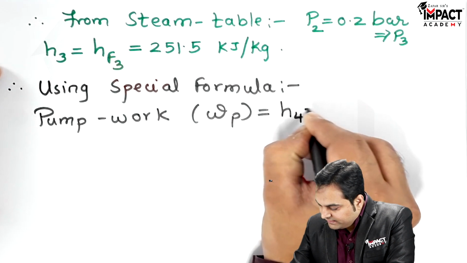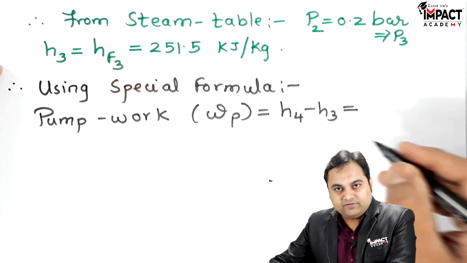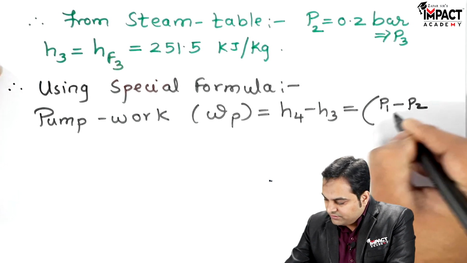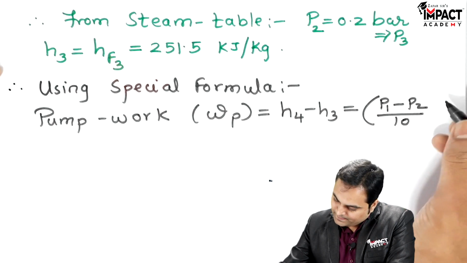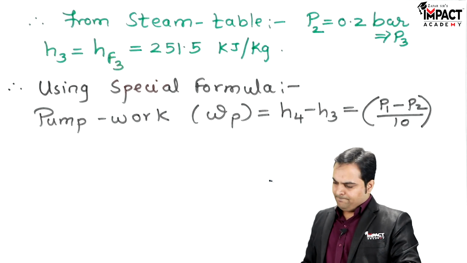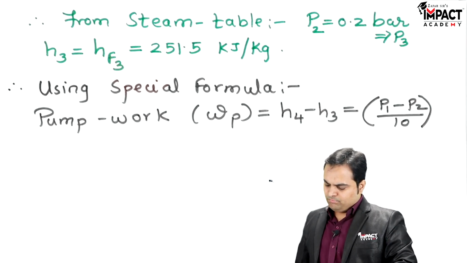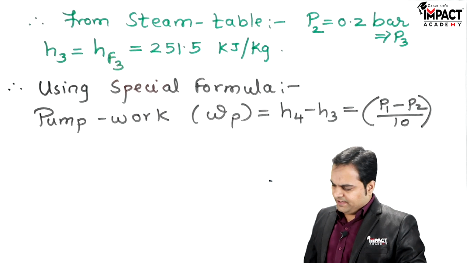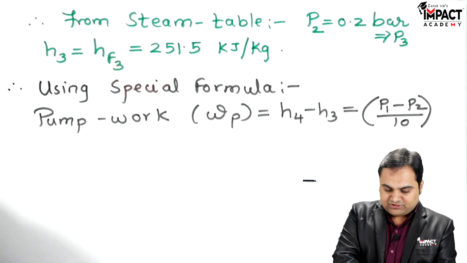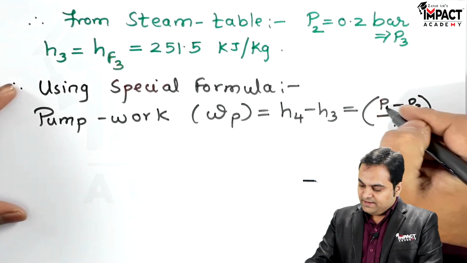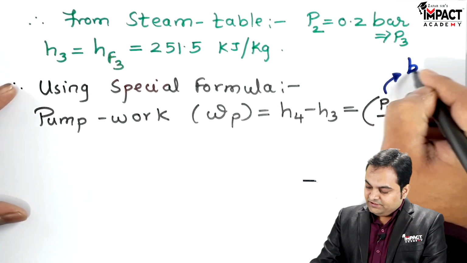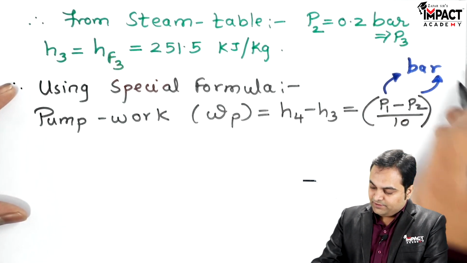The formula, which we have to remember, is the boiler pressure minus the condenser pressure divided by 10, where P1 is the boiler pressure and P2 is the condenser pressure. These pressures need to be in bar.